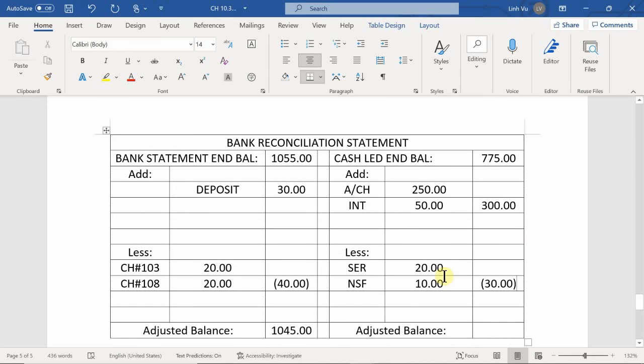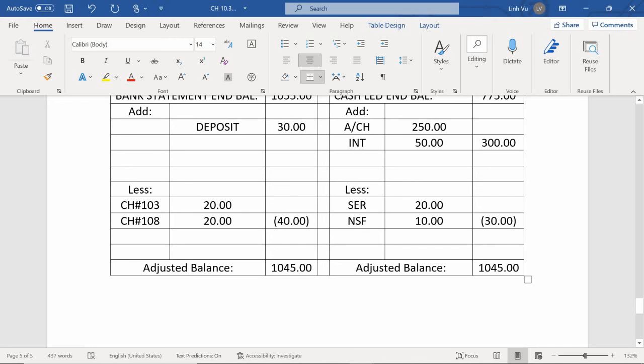So what is my total adjusted ending balance? $10.45. Correct, $10.45. So in this case, both our ledgers match. My ledger matches my bank account 100%. So that means I am done with this exact scenario.